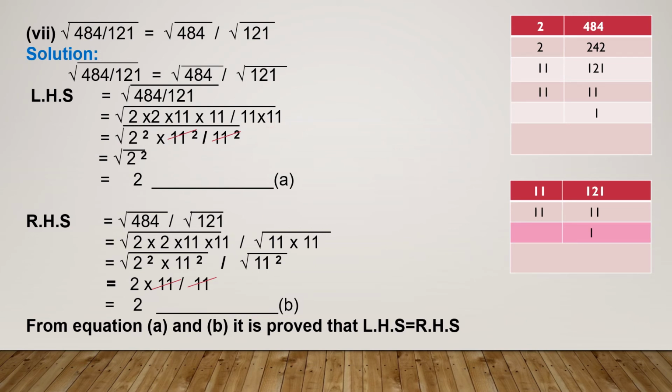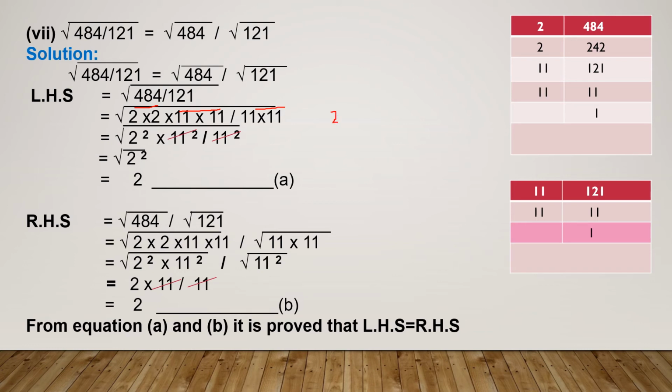Now in next step what we have to do, make the pairs. 2 multiplied by 2, 2 square, multiply by 11 square divided by 11 square. Got it? Yes. Now what will happen? 11 square will be cancelled out with 11 square.